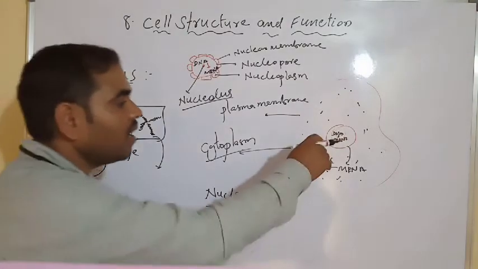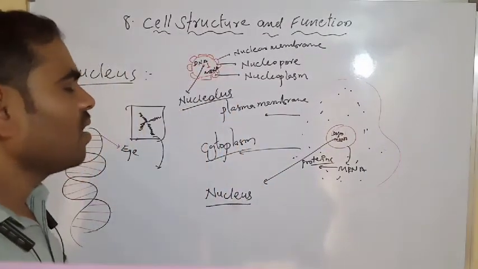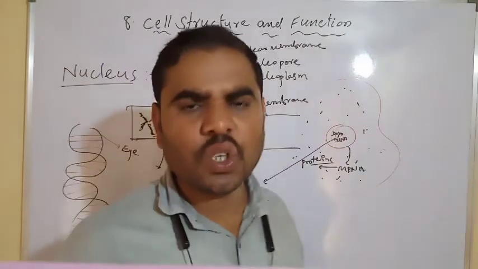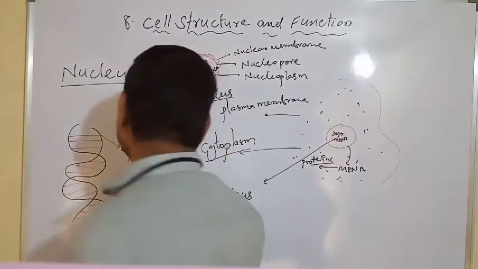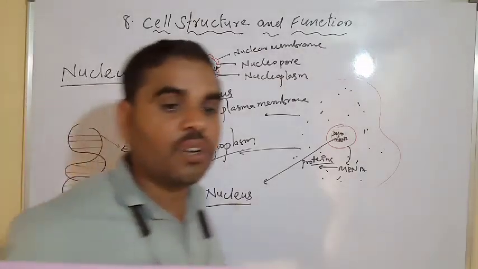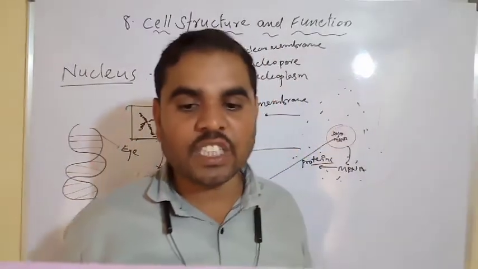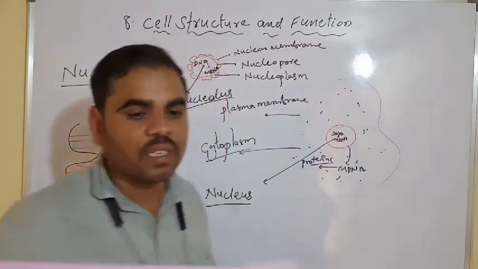Does our blood have a nucleus? No, our blood doesn't have a nucleus. DNA carries information from one generation to the next generation. We call this the nucleus.